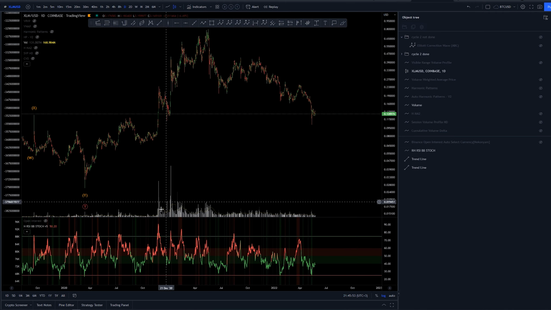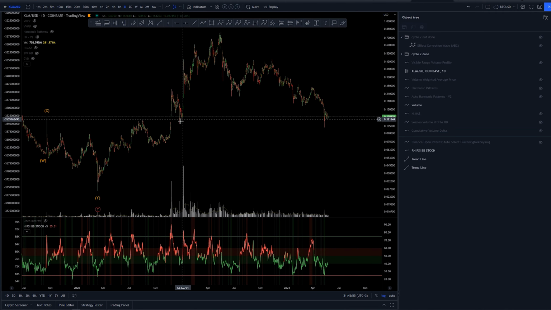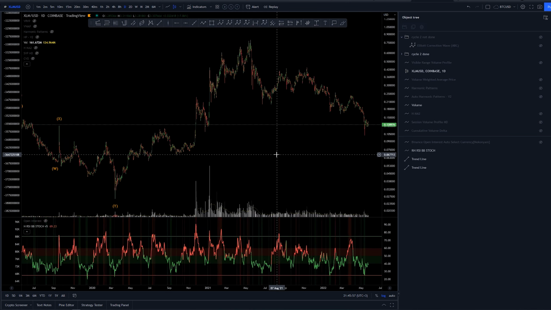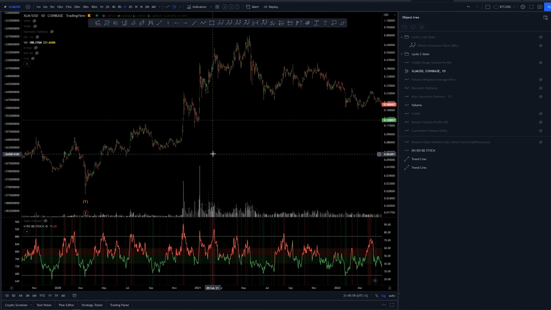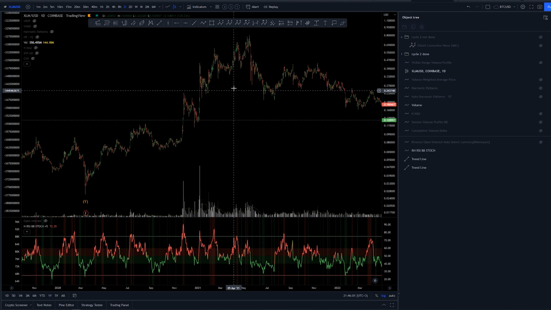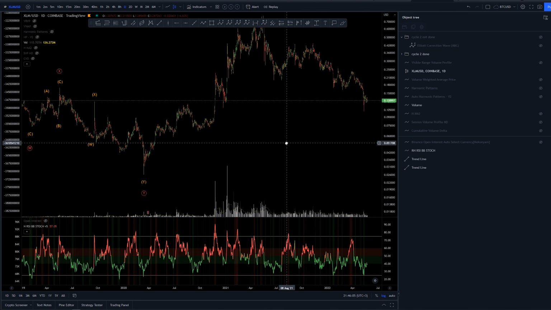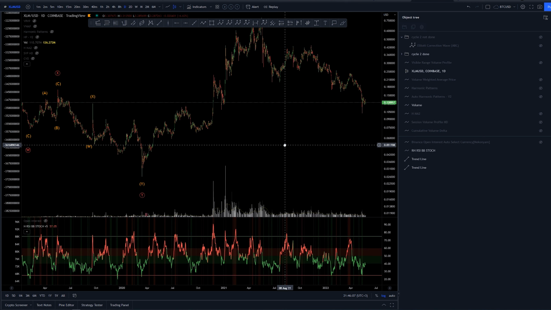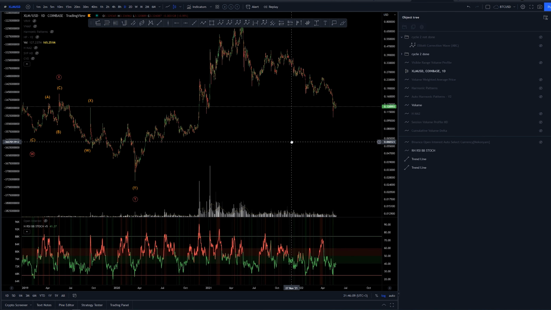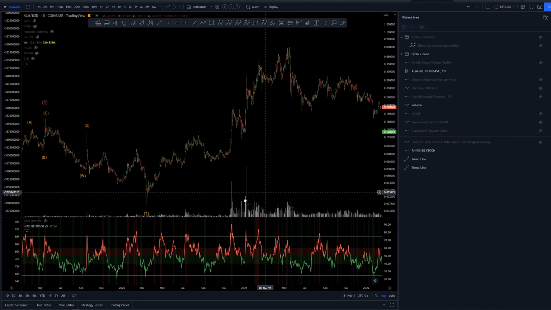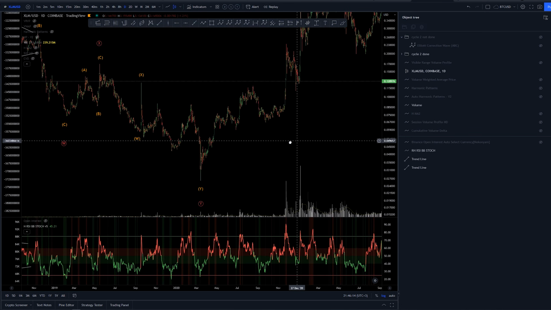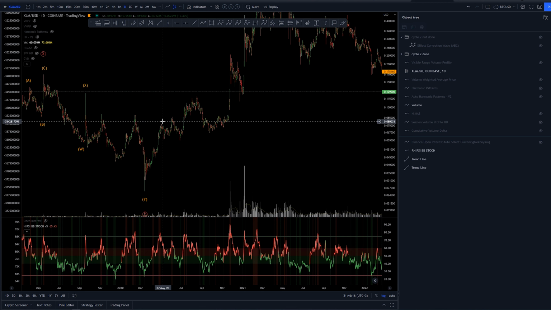Let's take a look here. Ooh, a lot of chop here, a lot of overlapping here, which is definitely not fun for anybody. Okay, let's dig in. The first structure that I can find is this here.